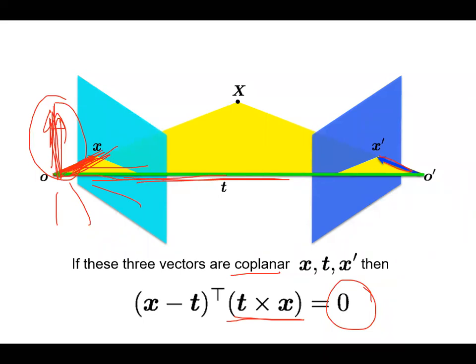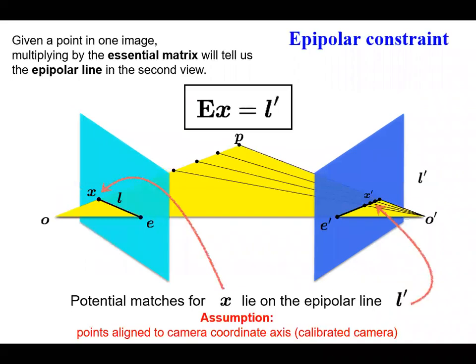Okay, and then we showed last time that this is equal to 0. If I would like to map this point x to what we call the epipolar line, we just need to multiply this x by a matrix called E, which we called the essential matrix last time. It will give you l dash, which is the epipolar line in the other image. Suppose that you have a camera here.